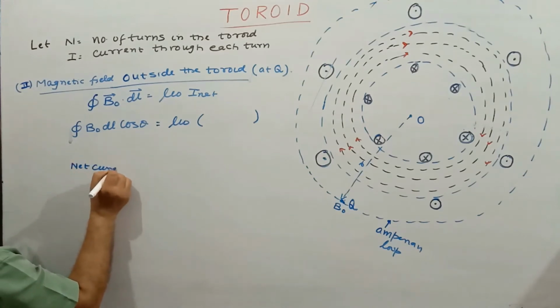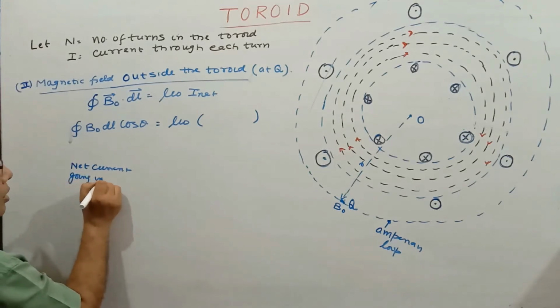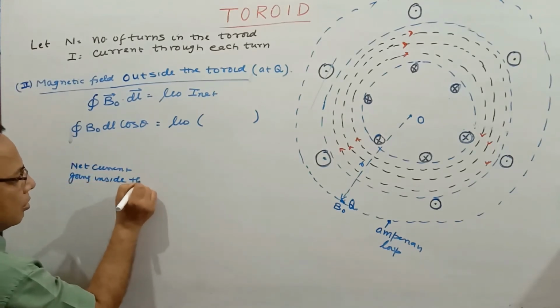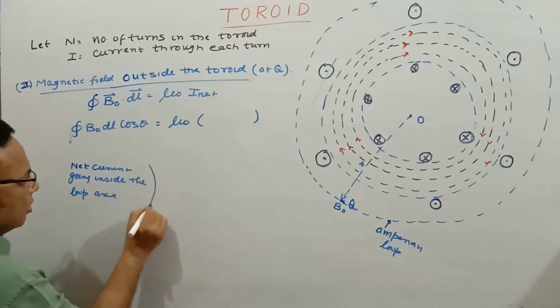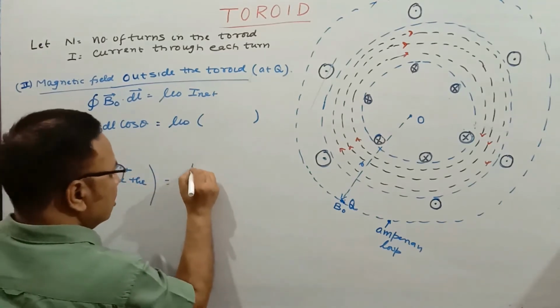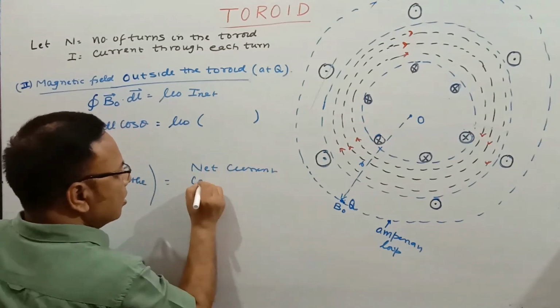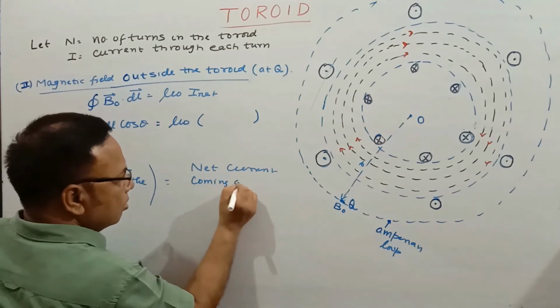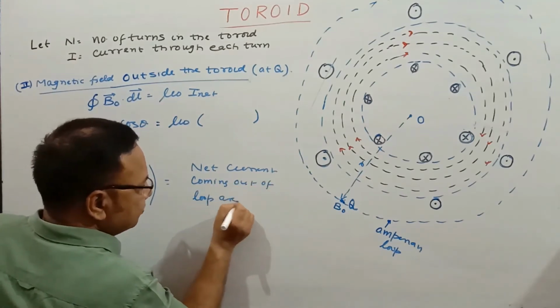So what we can say is, the net current going inside the loop area is equal to the net current coming out of the loop area.